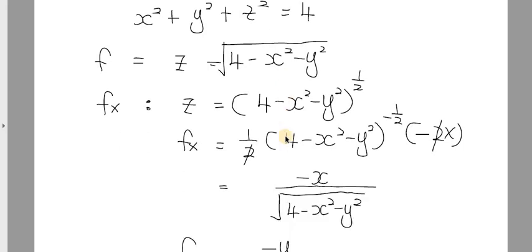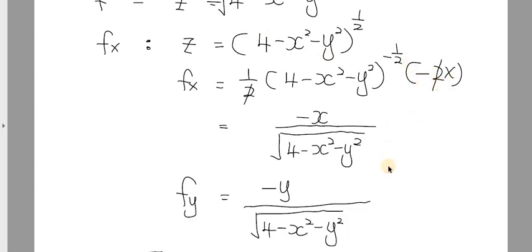Next, I perform the partial differentiation with respect to x. I bring this down and the exponent minus 1 becomes this, and this part remains. Inside, I differentiate with respect to x, so there is no y, there is no 4, and I get negative 2x.